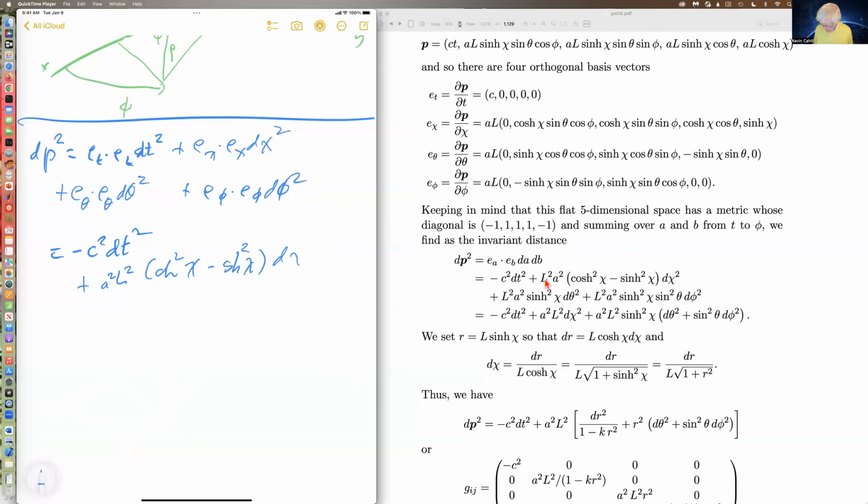I find CH squared and SH squared to be adequate abbreviations for cosh and sinh. It's the Russian usage, by the way, because in Russian they have letters like CSH and SCH.